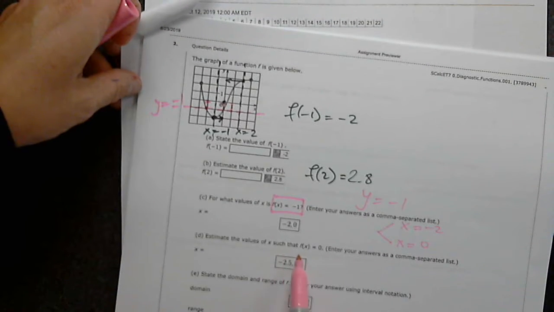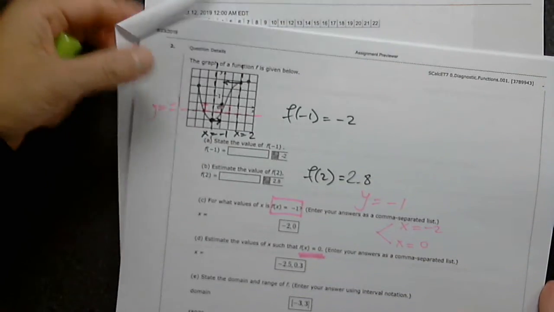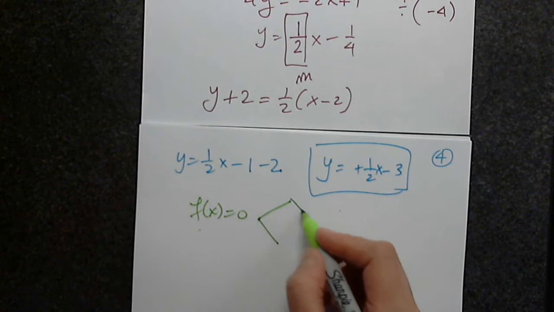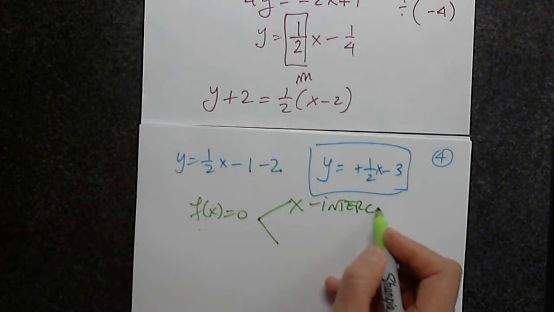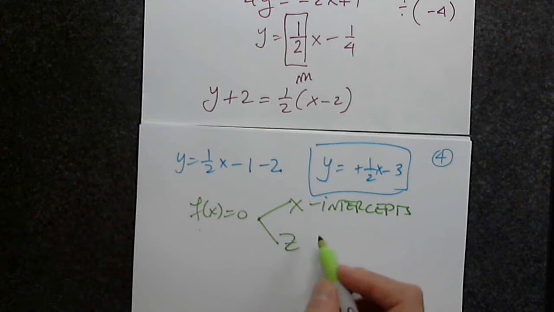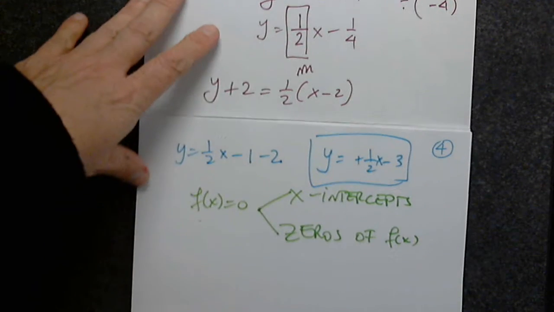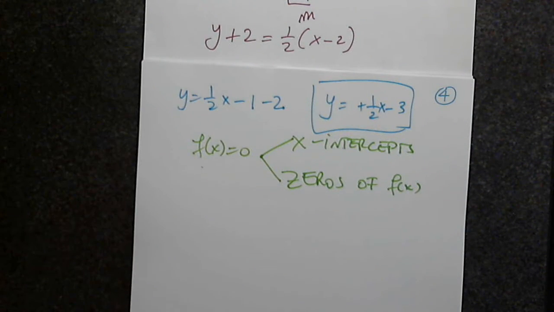Estimate the values of x such that f of x equals 0. What does this mean? Very important concept. Whenever f of x is 0, we are looking for x-intercepts, or the zeros of f of x. Same thing. Or where the function crosses the x-axis, in other words.